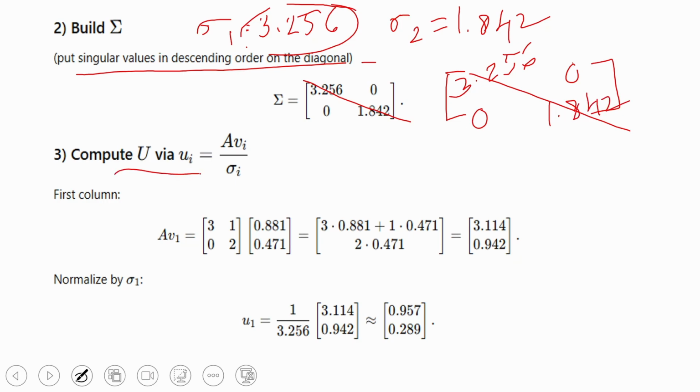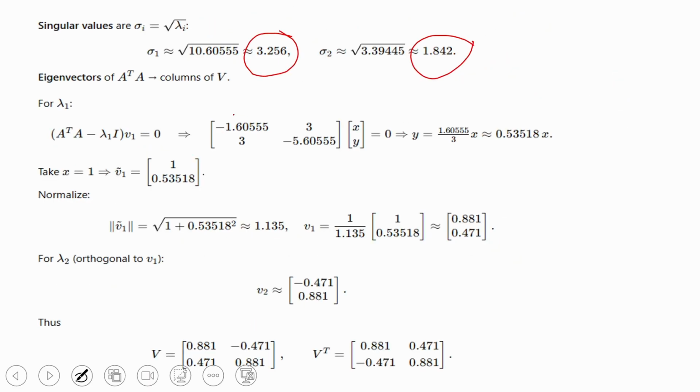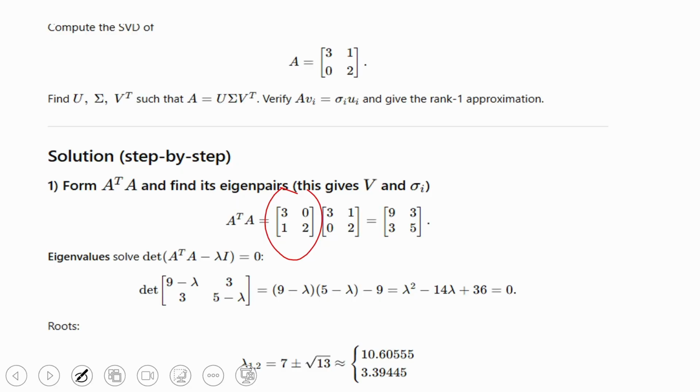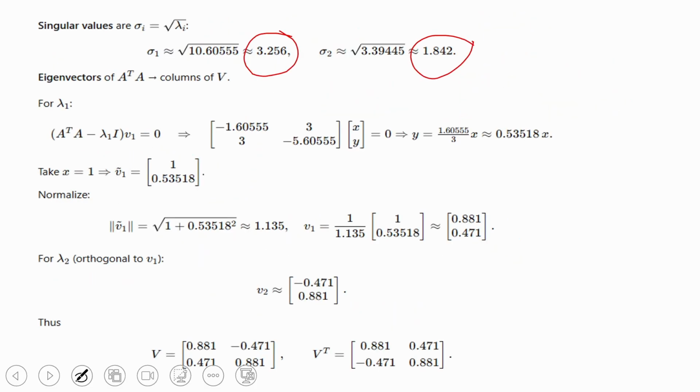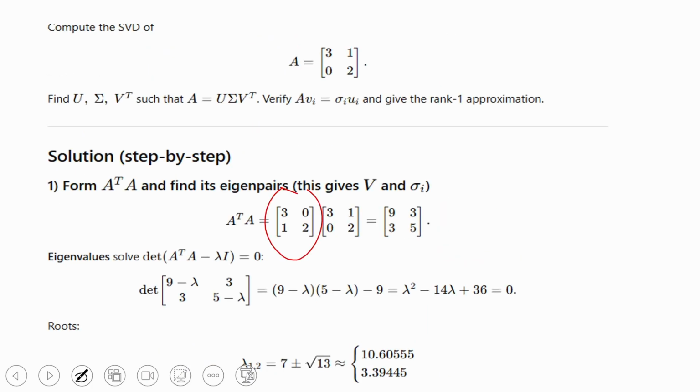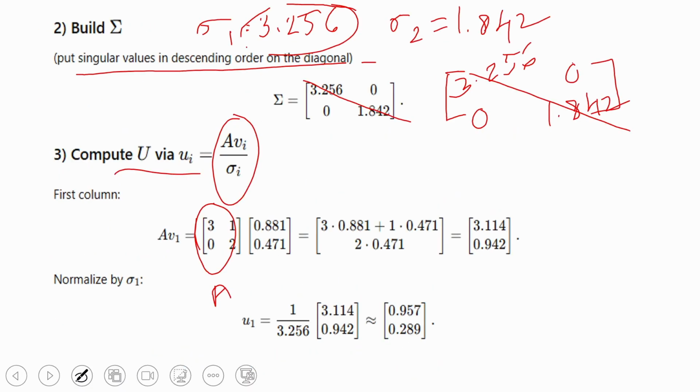Now we need to compute U. How to compute U? That is AVi divided by sigma i. So AVi, what is A? A is already given. This is A, 3012. V1 is also calculated. This is V1, 0.881, 0.471. So you need to take the product.